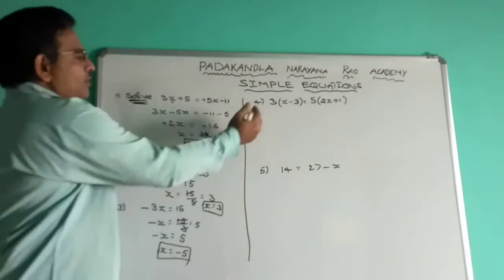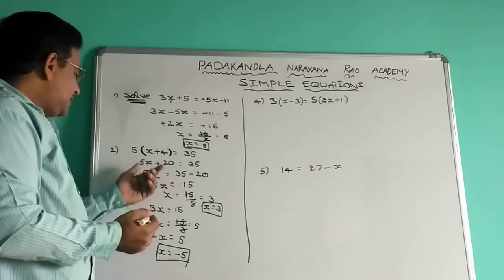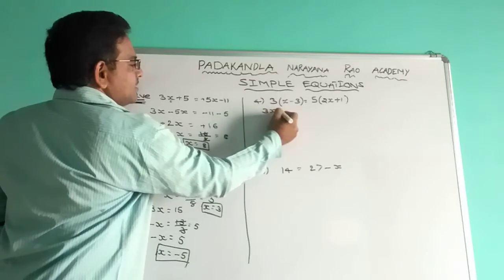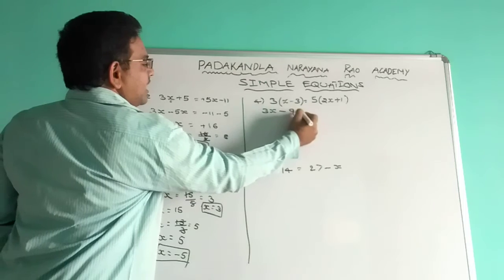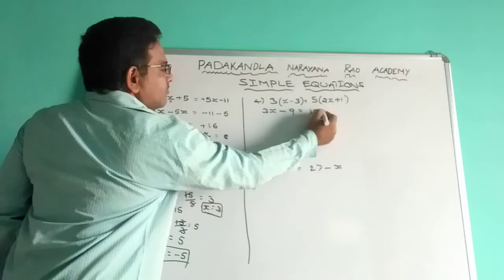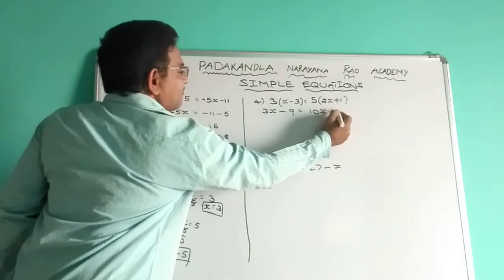Now the fourth problem, same as the second problem model, but with one more step. 3(x - 3) = 5(2x - 1). 3 into x is 3x, minus 3 threes is 9, equal to 5 into 2x, which is 10x, 5 ones are 5.